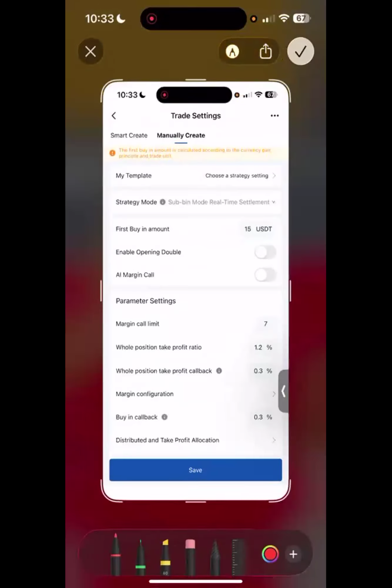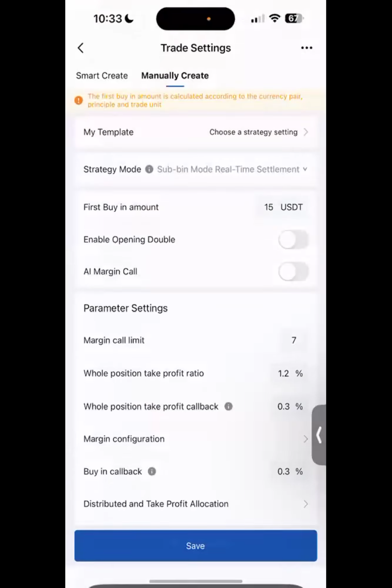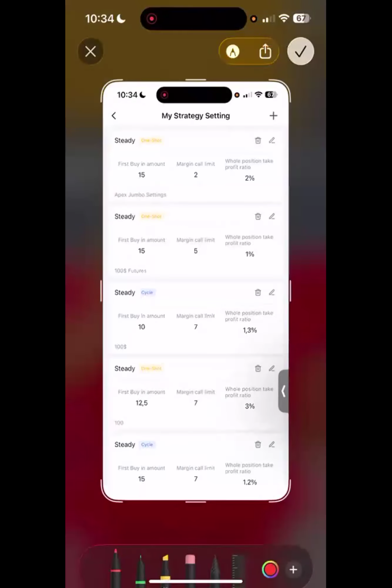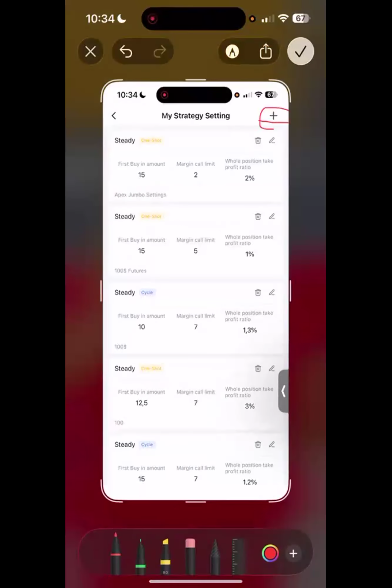Then when I touch on choose a strategy setting, it sends me to where I've created so many settings. Then I can select the appropriate one I want to use for the trade. I can also tap on the plus sign to add more trade settings. Use this delete button to delete it completely or the pencil to edit it.